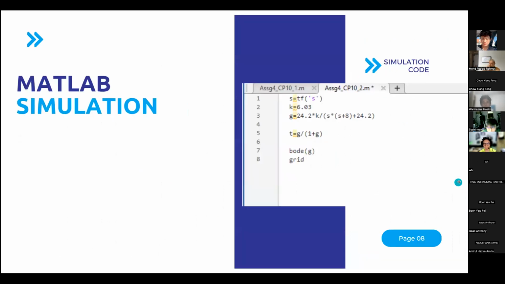And this is the Matlab simulation for this graph, and K is equal to 6.03, which we calculated.